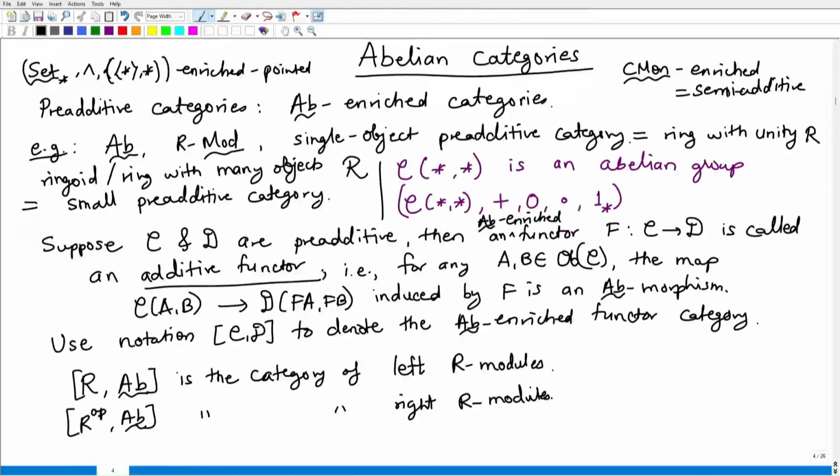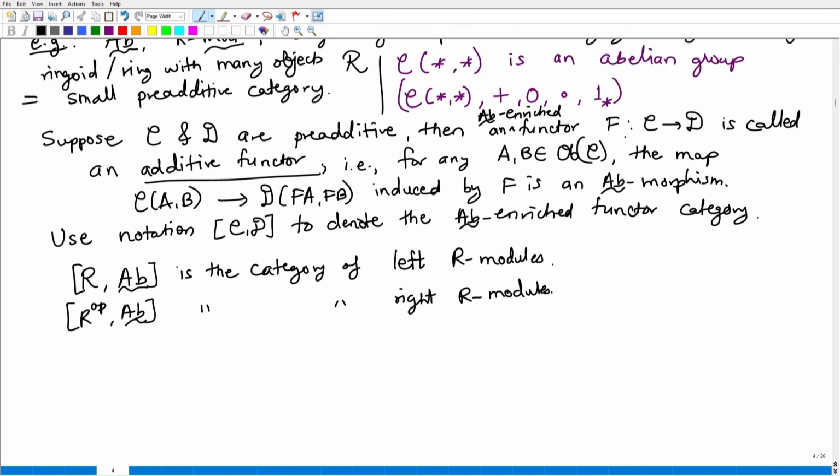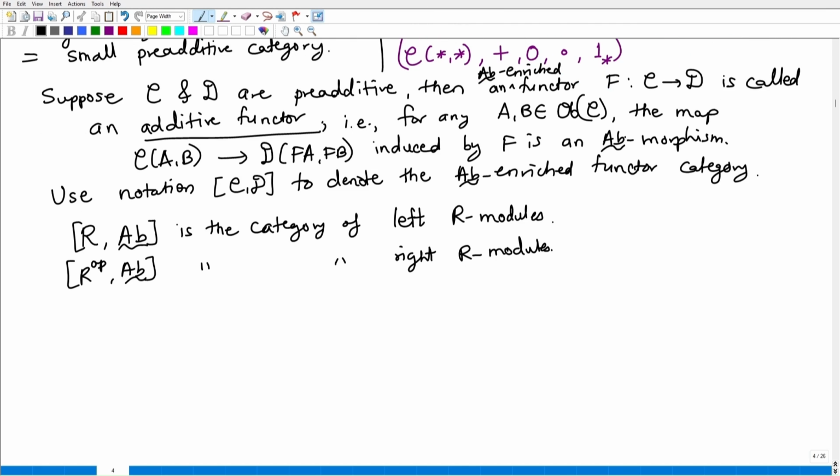The category R is the single object pre-additive category. I have written it here. A single object pre-additive category is a ring with unity. And you can similarly talk about the ringoid. So left and right modules, you already know, these categories are just functor categories.